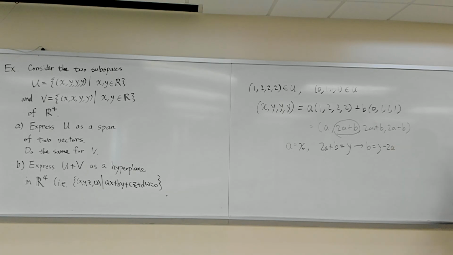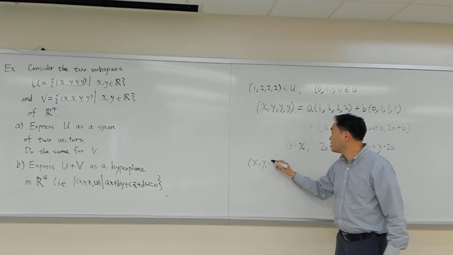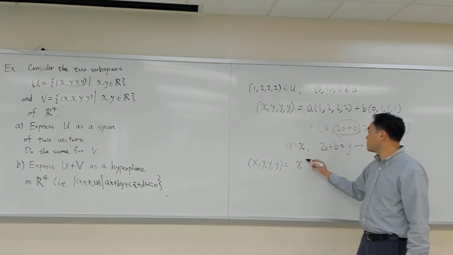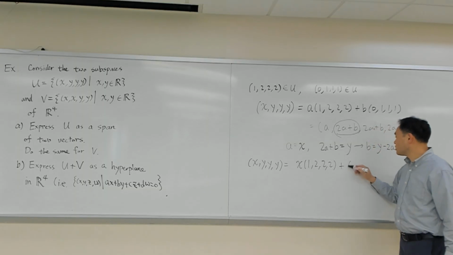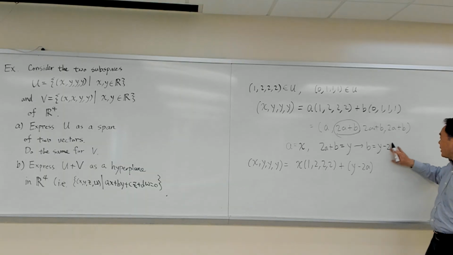Okay? And that means that any vector can be represented as X times 1, 2, 2, 2 plus Y minus 2A. Oh, but A is X, right?